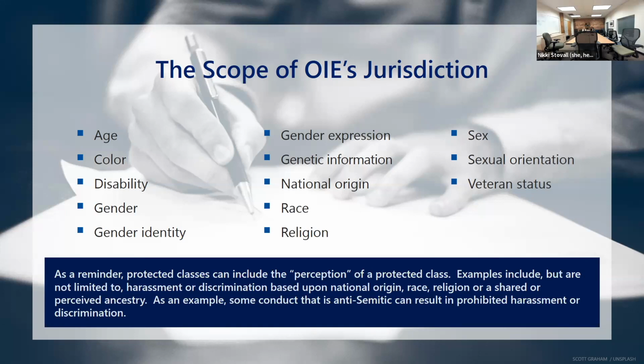So for example, good faith reporting to our office, opposition to harassment or discrimination, participating in our OIE process, like as a party or witness. All of those are protected activity that would protect someone from being retaliated against. So that's generally the scope of some of the matters that come into our office.